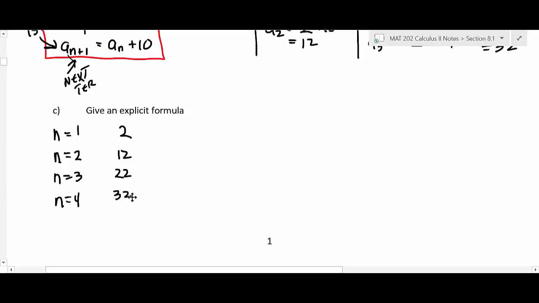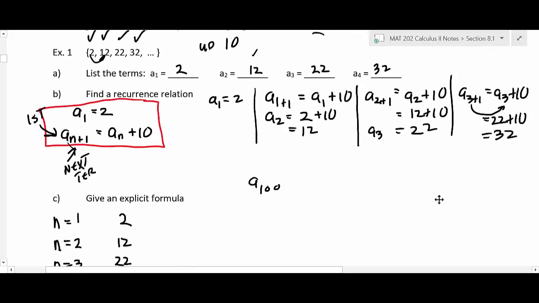So what you have to do is look for one formula that has the letter n in it that will generate it for you regardless. See, what our goal would be on this problem is, if you wanted to know what a of 100 is, okay, if all you have is a recurrence relation, if you do a of 100, it's kind of a bummer because you got to keep adding 10 to things over and over and over again.